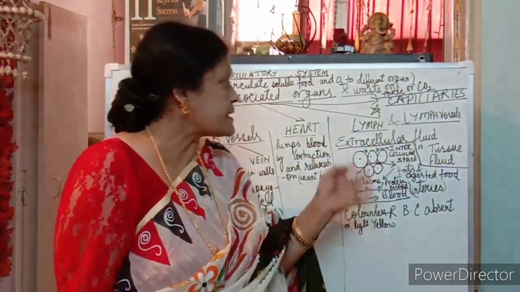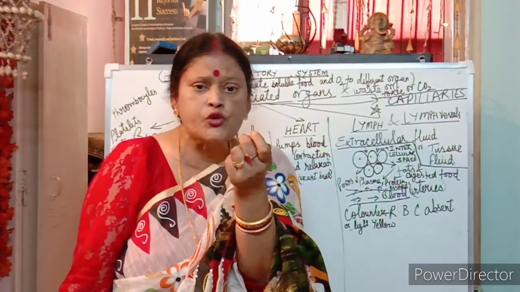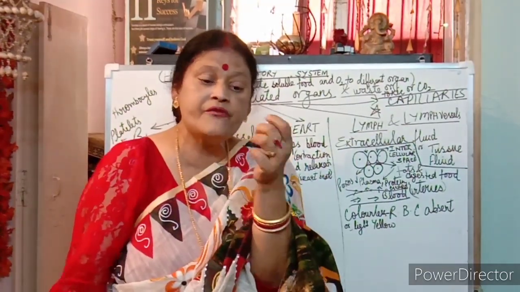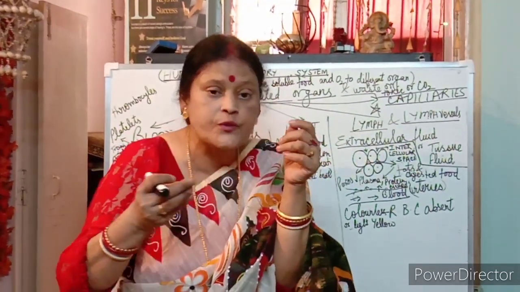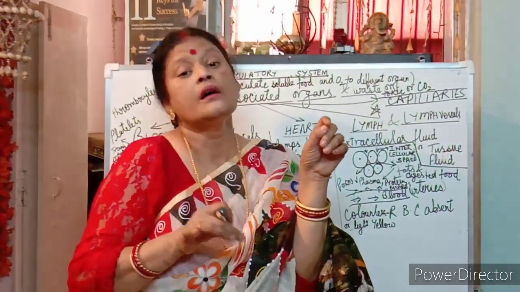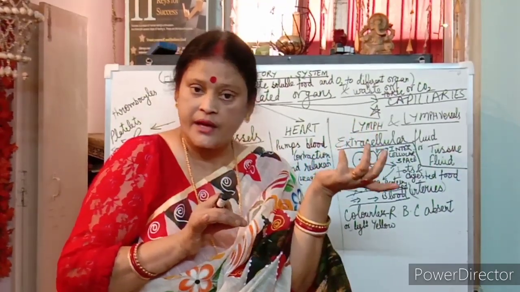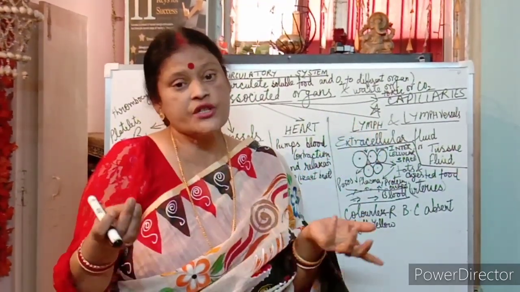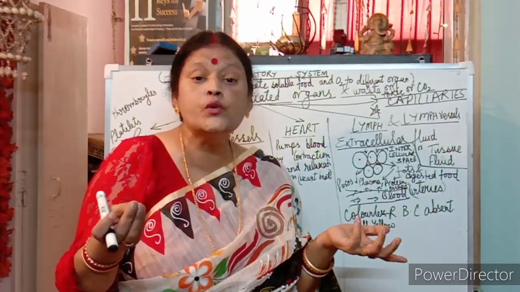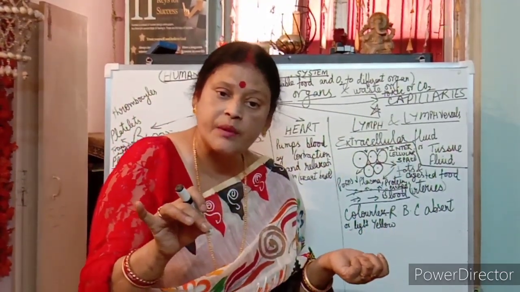Ready? Now next, last, that is capillaries. Capillaries are the fine tubes. That means artery and vein आपके और भी fine tubes में होंगे to reach the very interior part of the tissues. Arteries are carrying pure or oxygenated blood, and veins, those are known as venules, are carrying deoxygenated blood.